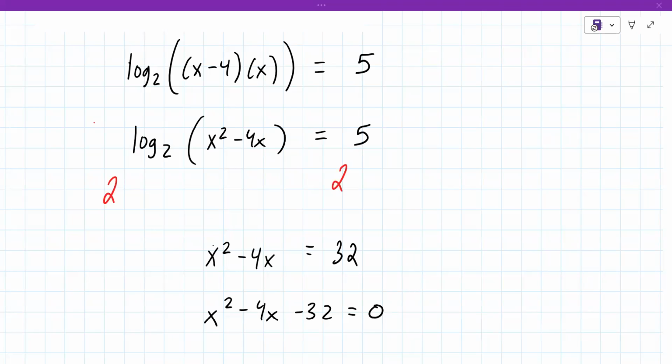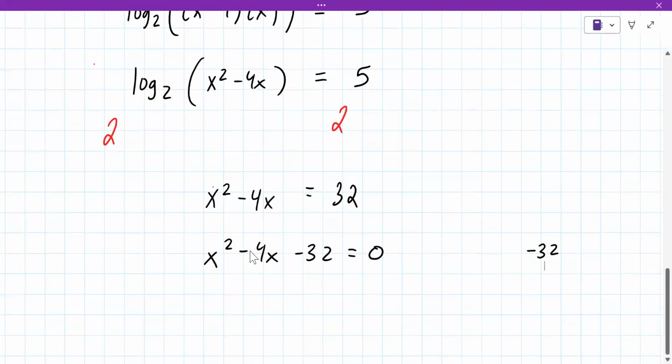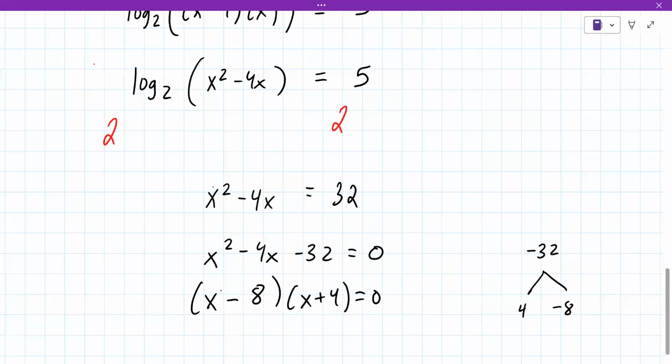Now the same thing, we have to factor again. So we have to find two numbers that multiply to -32, but add to -4. And that becomes 4 and -8. So this is written as x minus 8, x plus 4 equals 0.